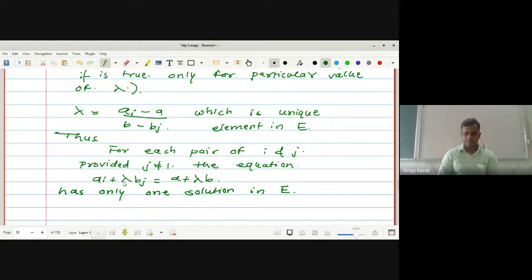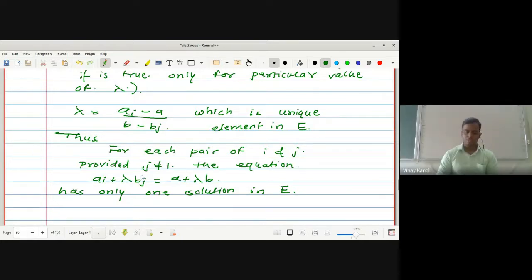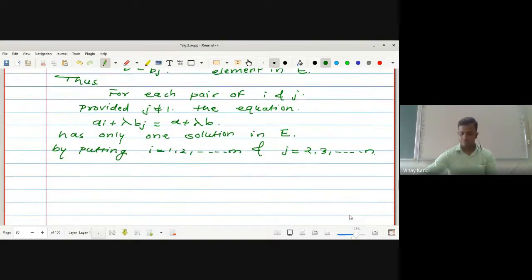Yes sir. Only one solution in E by putting i is equal to 1, 2 up to so on m, and j is equal to 2, 3 up to n. Okay.